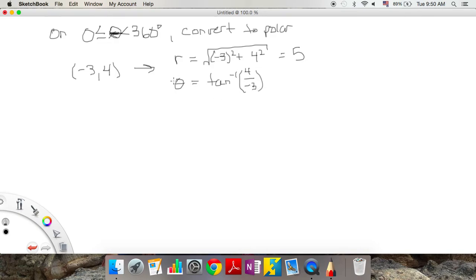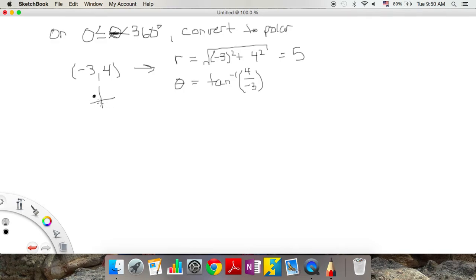Now, remember, you need to pay attention to what quadrant you're in here. We are -3, +4, so we're over here in the second quadrant. So we need to make sure our angle agrees with that. When you type this in your calculator, you're not going to get an angle in the second quadrant. Remember, your calculator is going to give you a positive up here and a negative down here. So you have to recalculate that to get what goes over here.